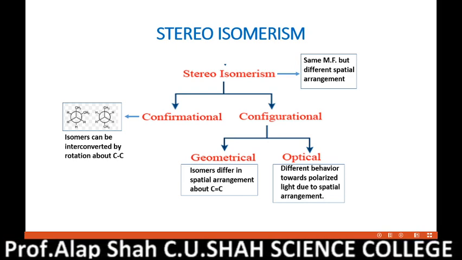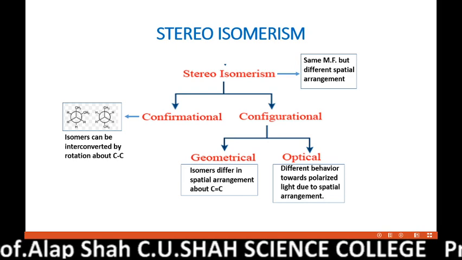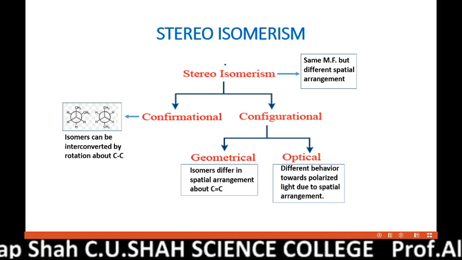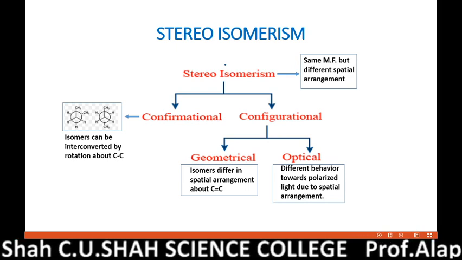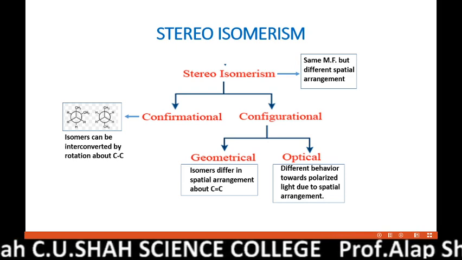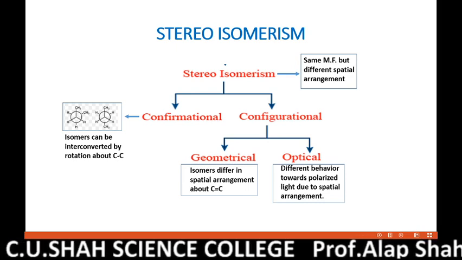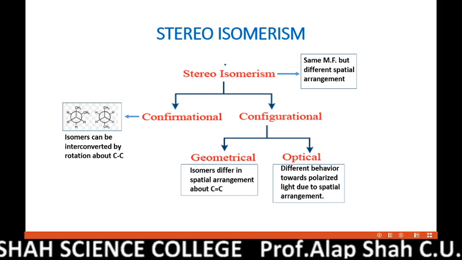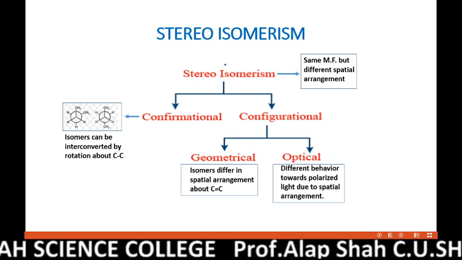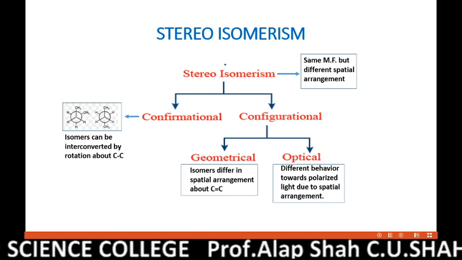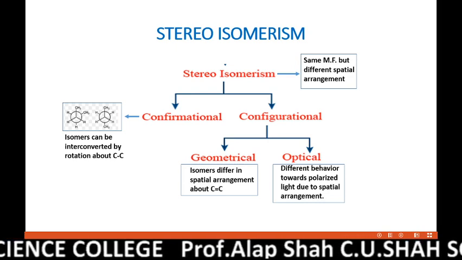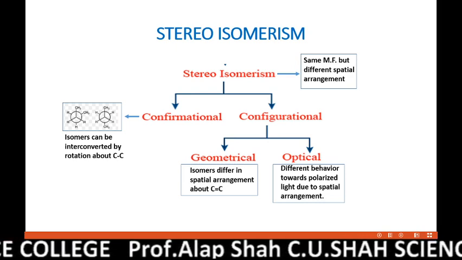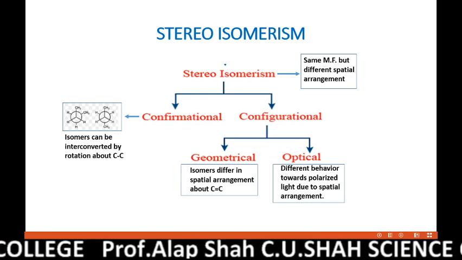Normally such isomers have mostly the same physical properties, even the same chemical properties mostly, but they differ in their behavior towards plane polarized light. I will make all these terms clear in the next video, because there we are going to discuss all the keywords one must know to understand stereochemistry.